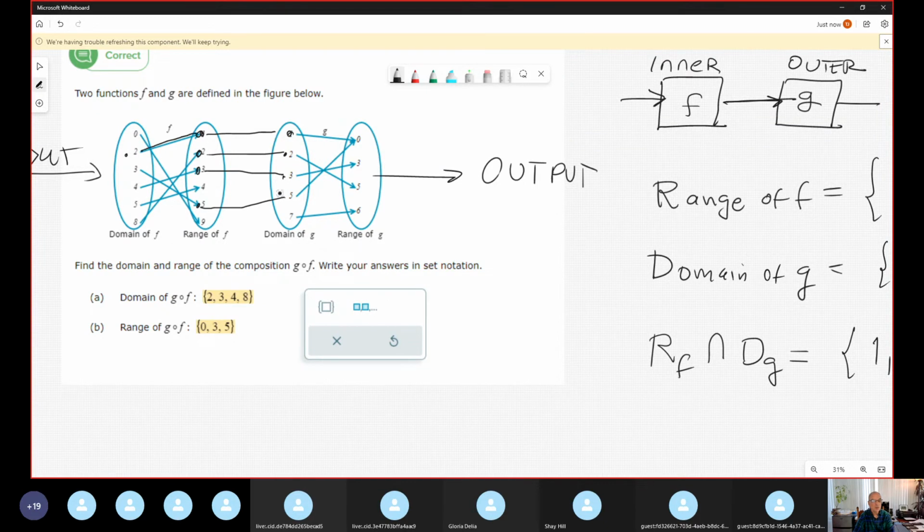Because there are connections here and here. 3 is okay because we have connections here, here, and here. 4 is okay because of the connections here, here, and here. And 5 is no, because the association with the 4 is disconnected from the other. And 8, yes, because it's 2, 2, and 5. This is the reason that the domain of the composition is 2, 3, 4, and 8.